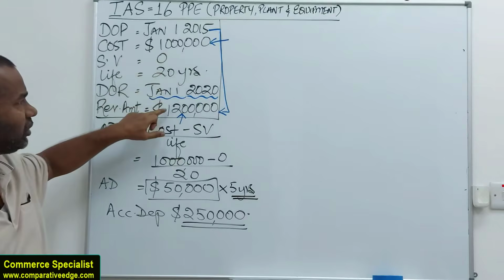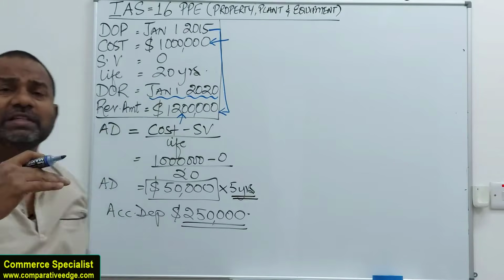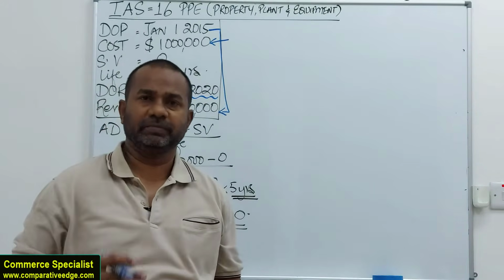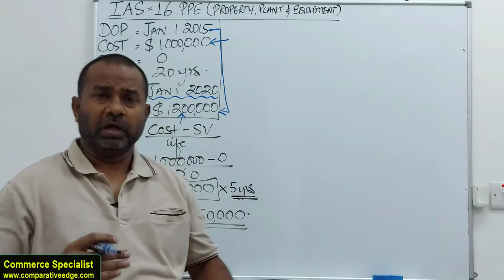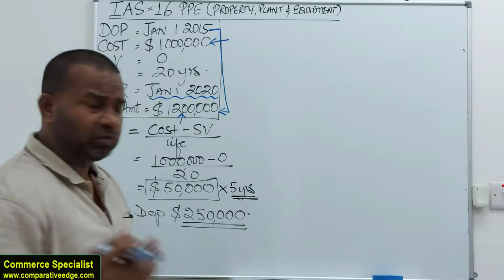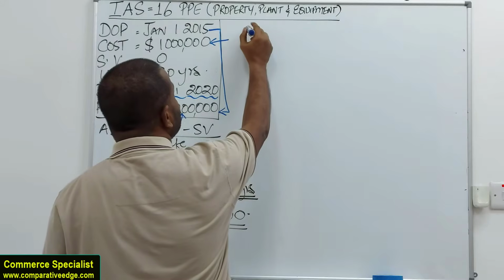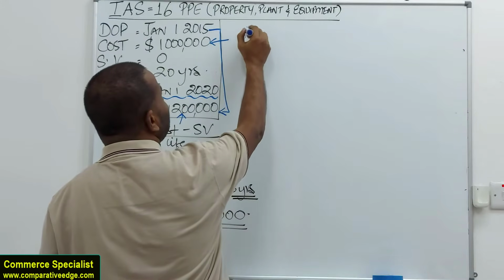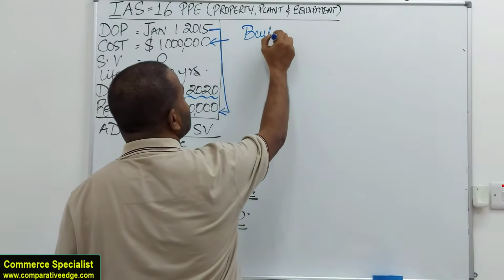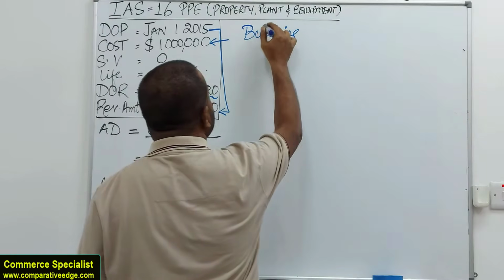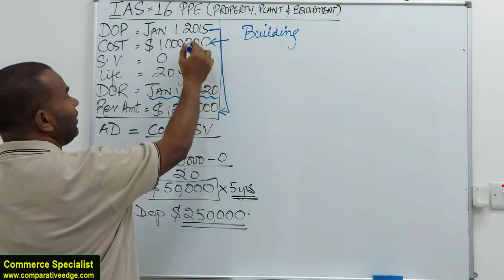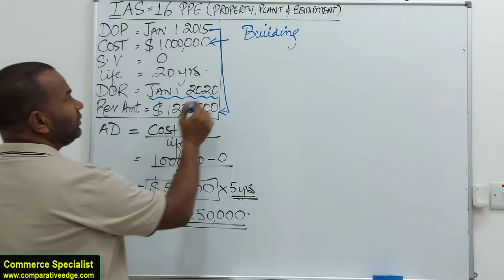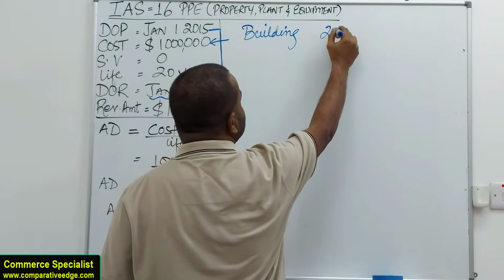You are revaluing it at 1,200,000. So there is an increase of 200,000. If the asset is increasing, as per the rules of debit and credit, we need to debit. So let's say the asset is a building. So I'm debiting building with the difference between the original amount and the revalued amount, which is 200,000.